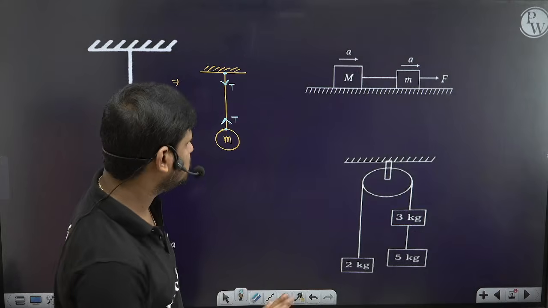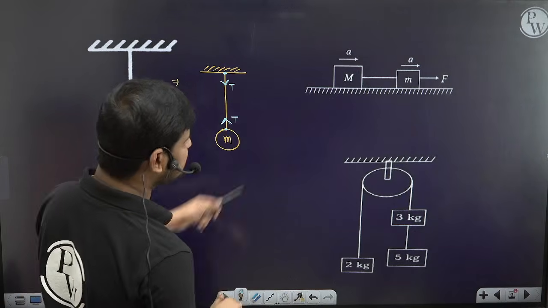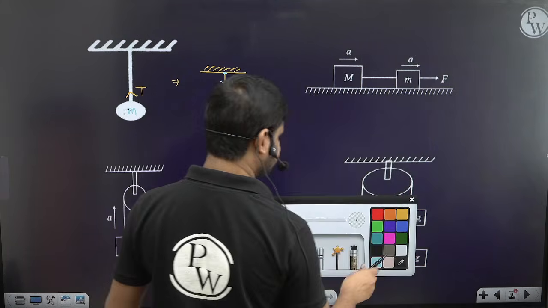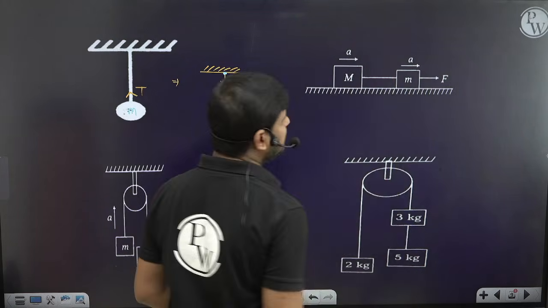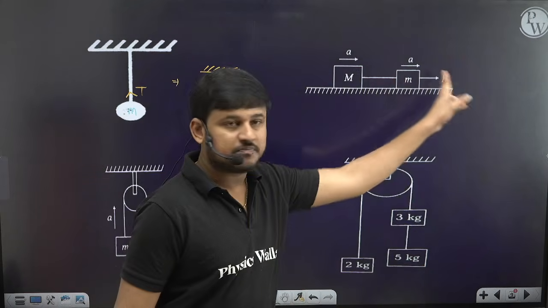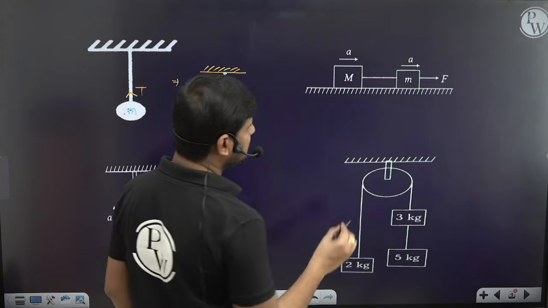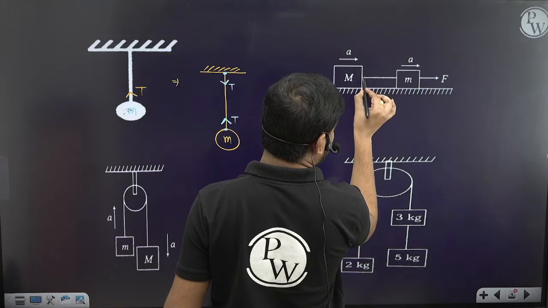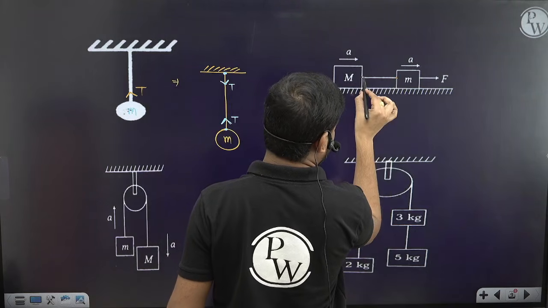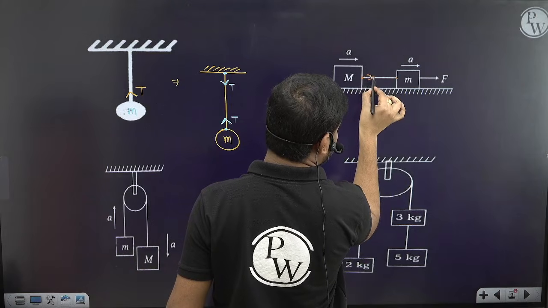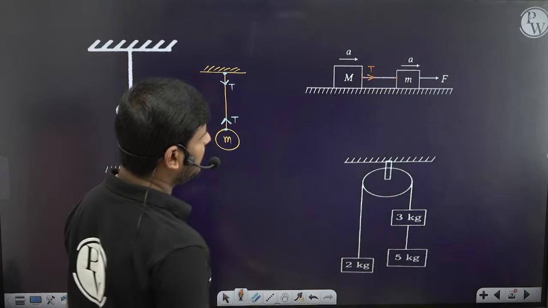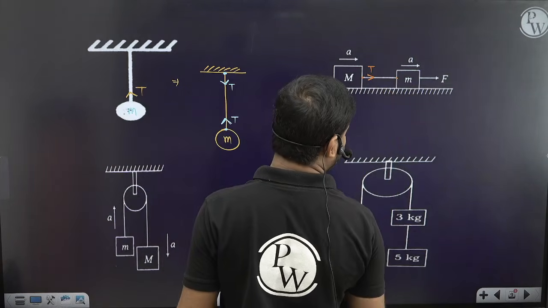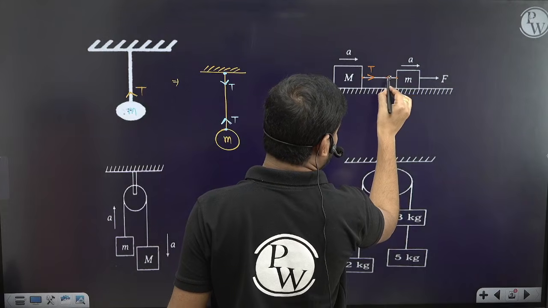Okay, chalo. Now let's understand the second one. See here, here is a string. Two masses are connected by a string, and a force is applied on that. This is a point of contact here, and this is a point of contact. From this point of contact the tension acts away from the body, and from this point of contact the tension acts away from this body.